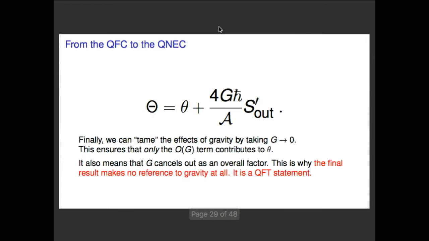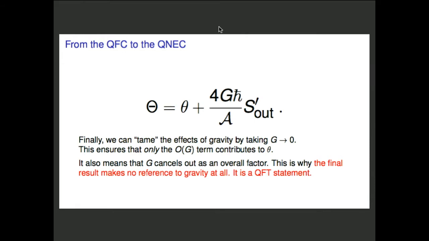I'll go through this more slowly with equations in a moment, but just for the strategy: in the end, what we're going to have is a term here that depends on G Newton, a term there that depends on G Newton, and then there might be additional terms in some expansion in G Newton. But at that point, we can take the G Newton goes to 0 limit.